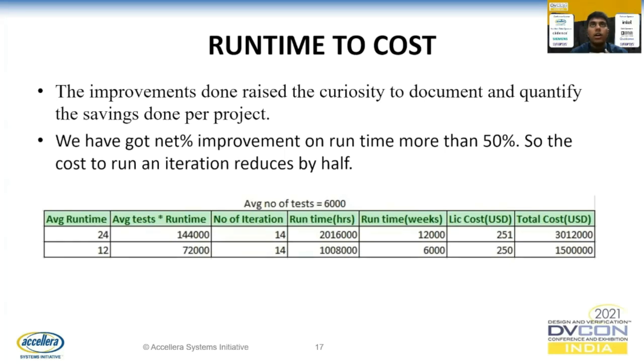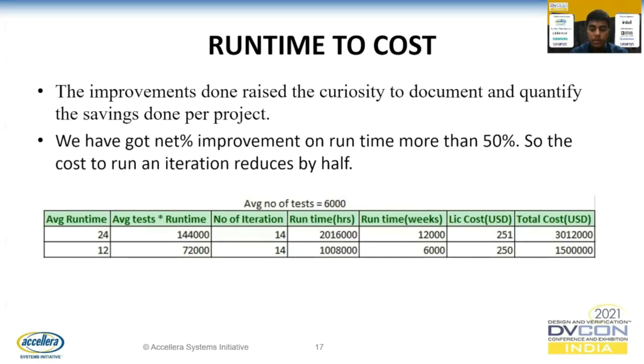And we use close to 10 to 12 different licenses for different IPs, such as VIP licenses, PCI licenses, and Enforce, which have an average cost of around $25. This table projects the cost estimate for the licenses with and without optimization. From the previous table, we could see a net improvement of more than 50%.